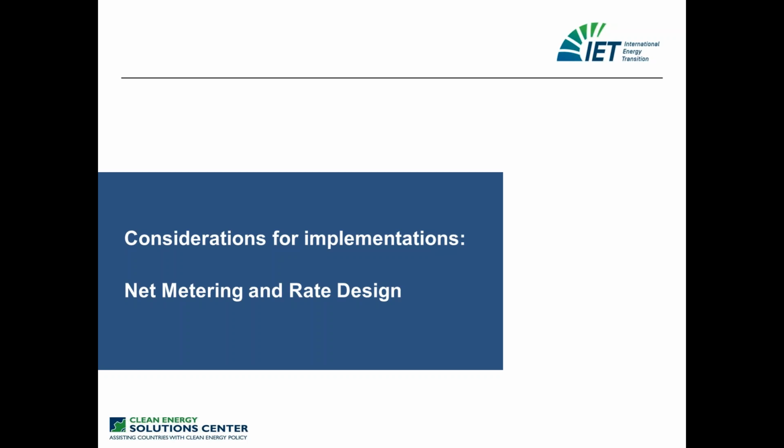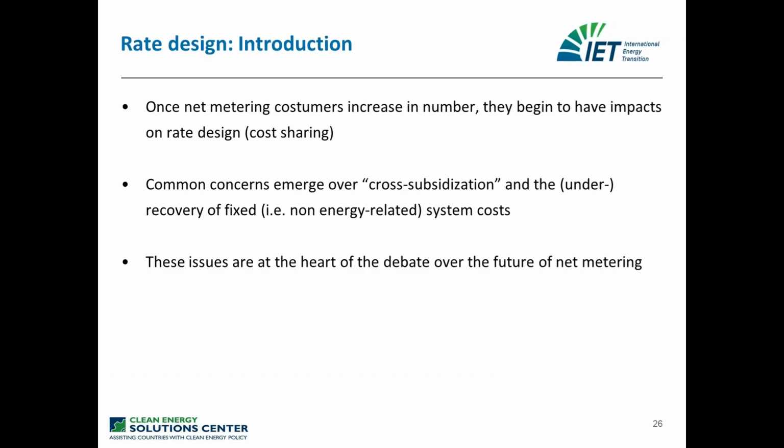It just gets more complicated when you look at the effects of an increasing share of self-consumption in different markets around the world. And this is where we're entering the interesting and also complex debate of net metering, self-consumption, and electricity rate design. So just to give you a short introduction into this, as I said before, with increasing shares of prosumers, they start to have an impact on the rate design, and there's normally a common concern over potential cross subsidies from non-prosumers to prosumers, because the prosumers might use the electricity grid as a storage unit.